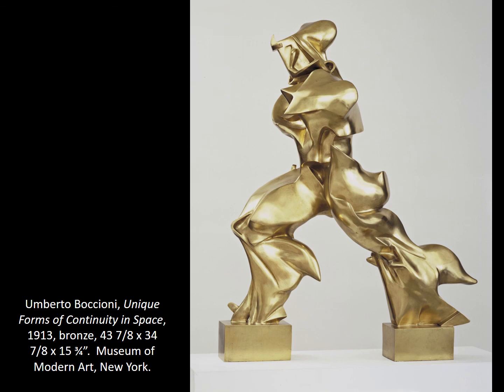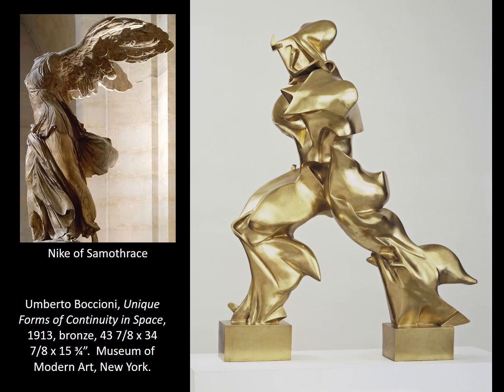Now, when I say the striding figure is quite traditional, every time people look at Boccioni's Unique Forms, they relate it to a work of antiquity. Specifically, the Greek Hellenistic statue of the Nike of Samothrace, which is in the Louvre Museum in Paris. And obviously there's good reason. This is a Nike.